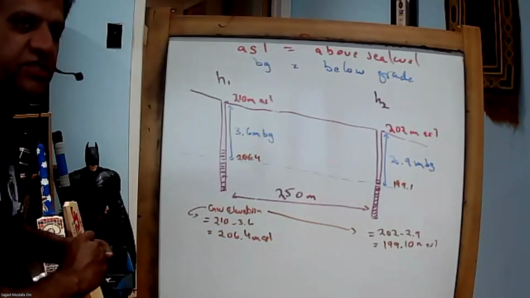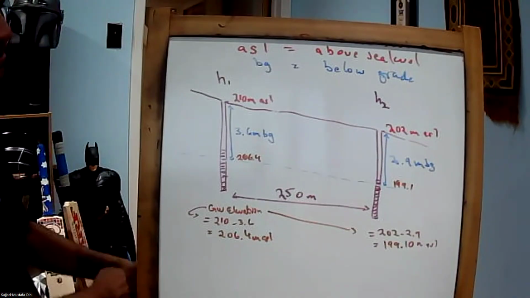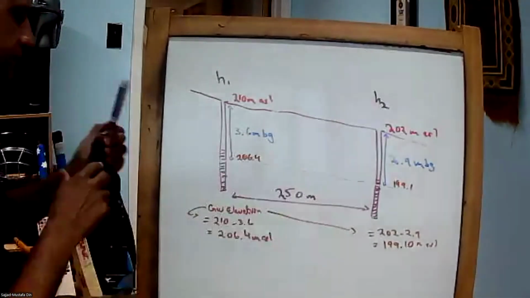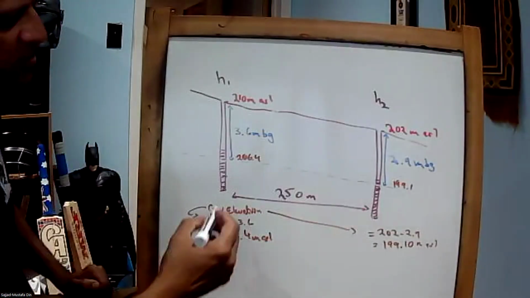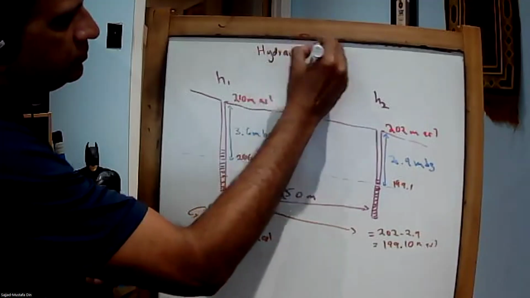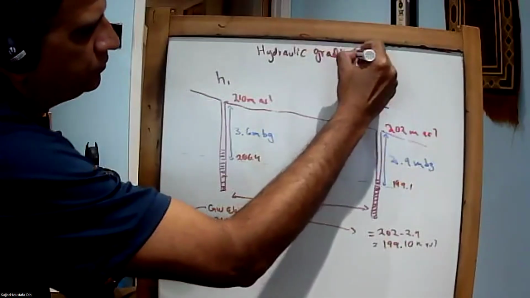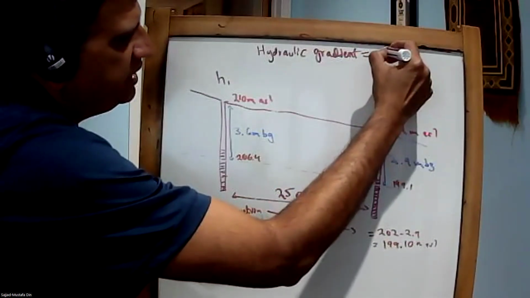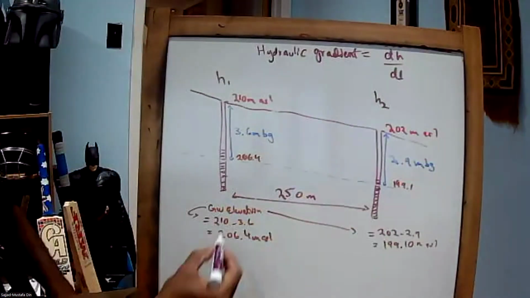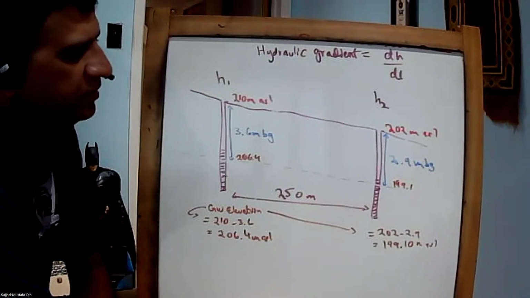When you're looking at Darcy's law, you can determine the hydraulic gradient, which equals dH by dL. What does dL mean? The distance between these two locations. dH is the difference in the height of the elevation.